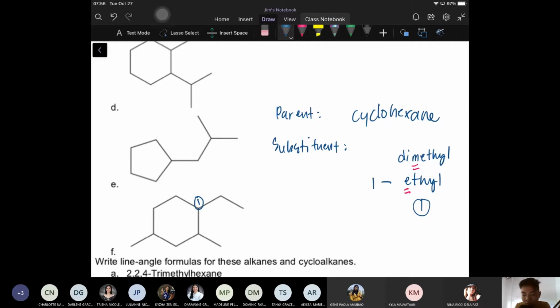1 ethyl. Then, yung dimethyl natin, check natin yung possible numbers niya. So, ito yung mga possible numbers ng ating dimethyl, no?